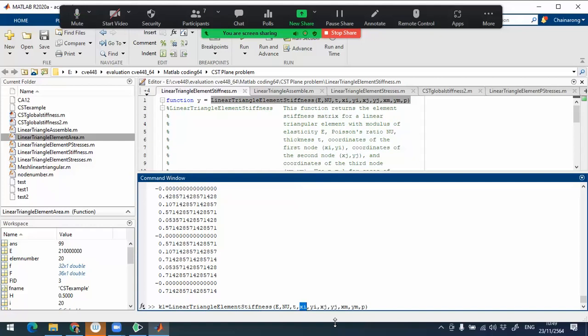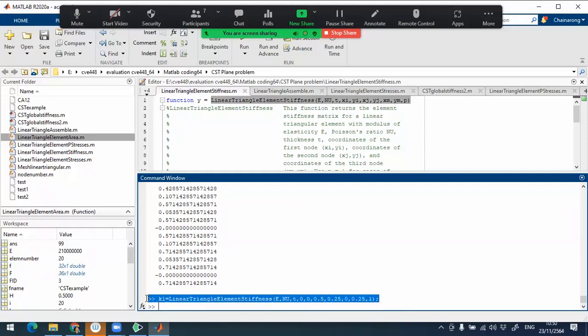Should be 0, right? 0 and 0.5, 0.25, 0 and 0.25 and 1. It is K1. Okay, K2.